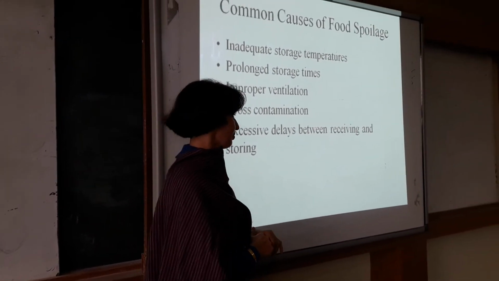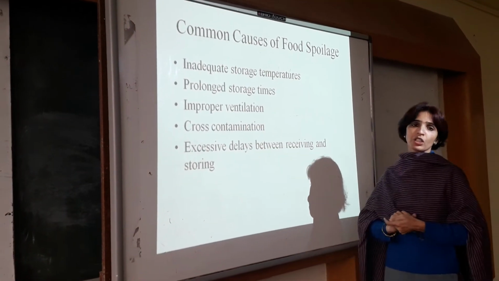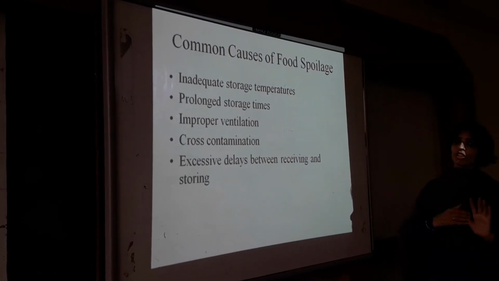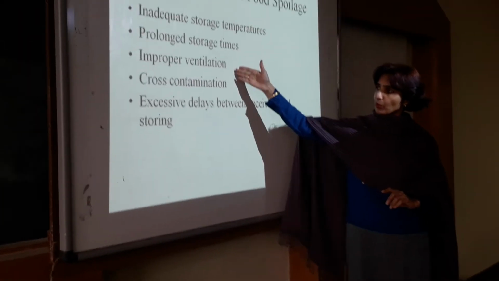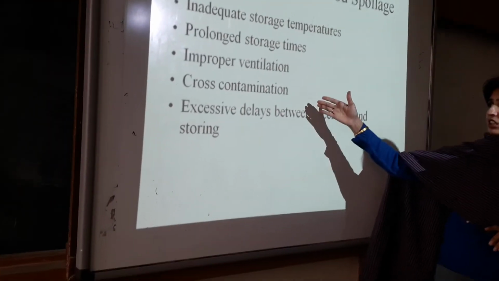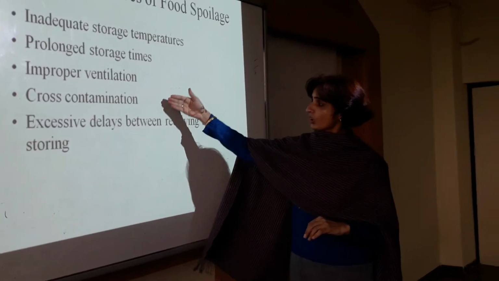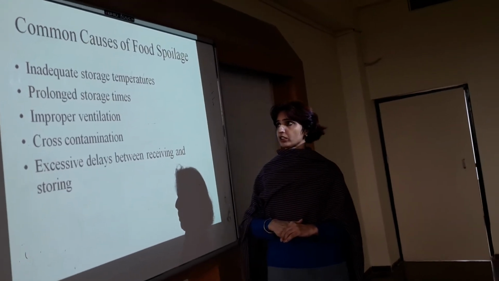The second one is prolonged storage time. If the food stuff is stored for a long period of time, a number of organisms start multiplying inside the food stuff. In the same manner, improper ventilation, cross contamination, and excessive delay between receiving and storing. So these are the basic causes responsible for food spoilage.